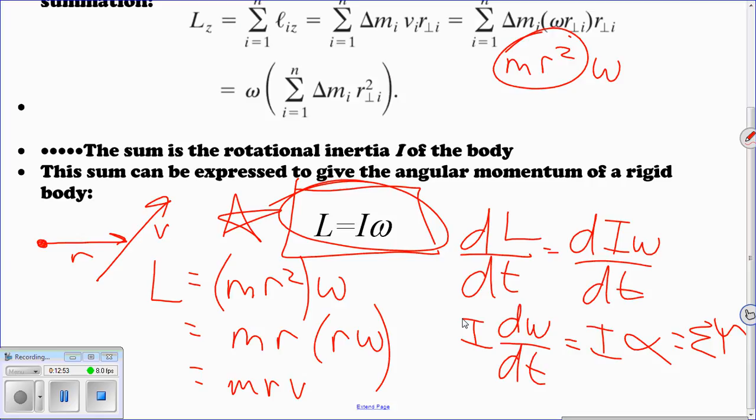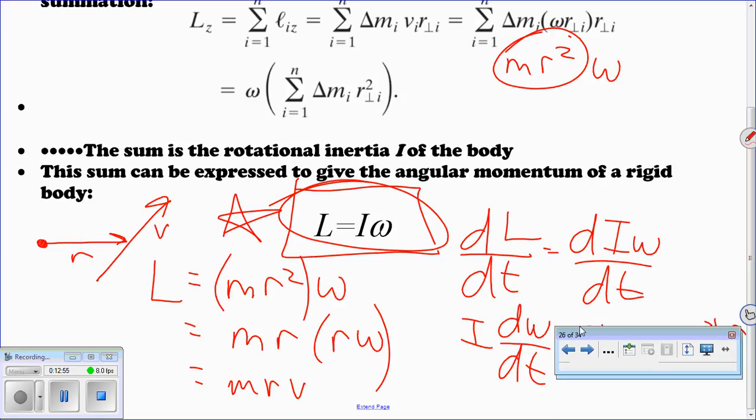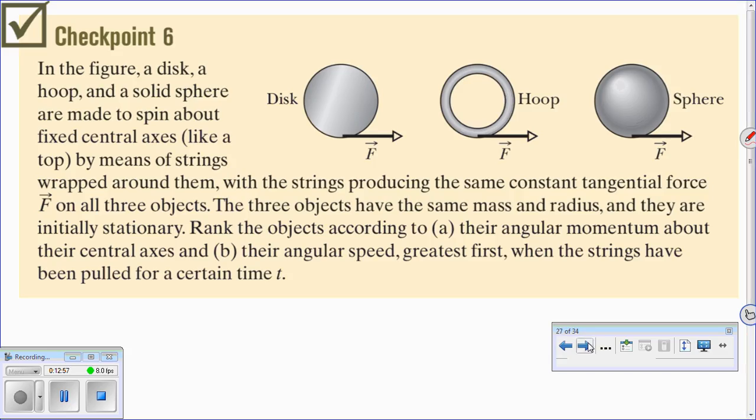So, where's my little thingamajig for this? All right, so here we've got these three shapes. These are not intended to be sitting on a surface, they're just floating in space, the hoop, the sphere, and the disk. Then you're going to put a force on them to change their angular momentum.